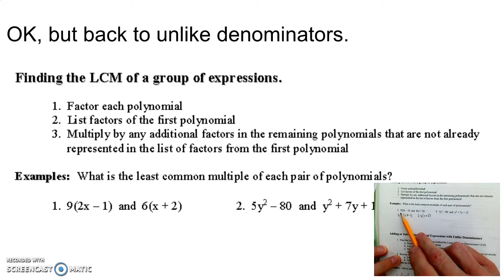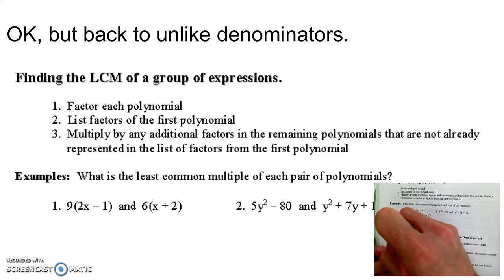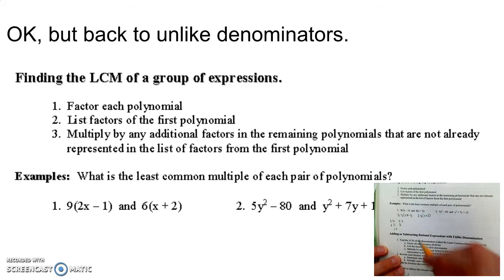Alright, so if this was just 9 and 6, the least common multiple of 9 and 6, we'd go 9, 18, 27, 36, 45, and so forth, 6, 12, 18, 24, 30, and we'd see that 18 was our least common multiple. So 18, it had a 2 here and 2 copies of a 3 here. 9 times 2 made 18.